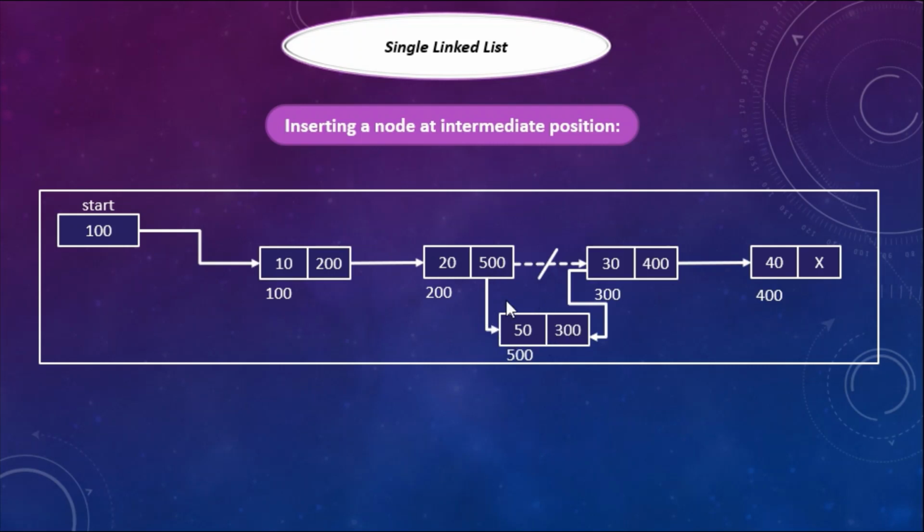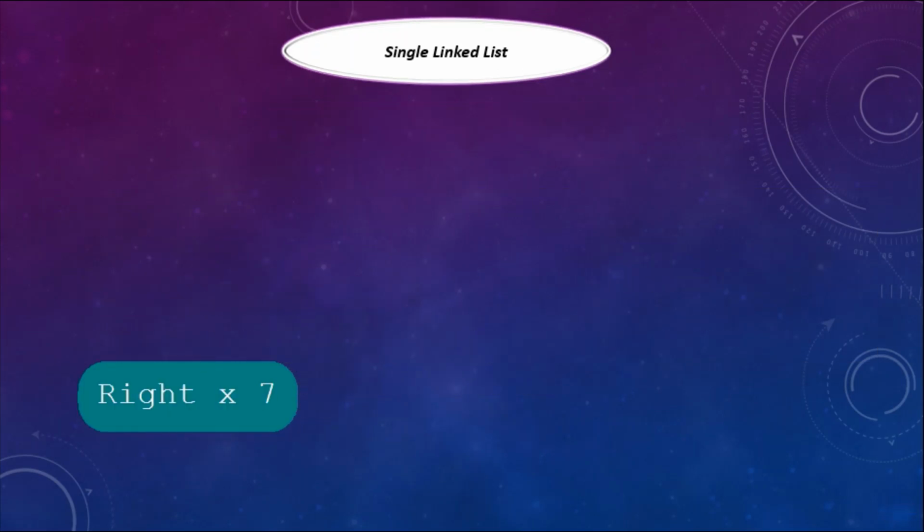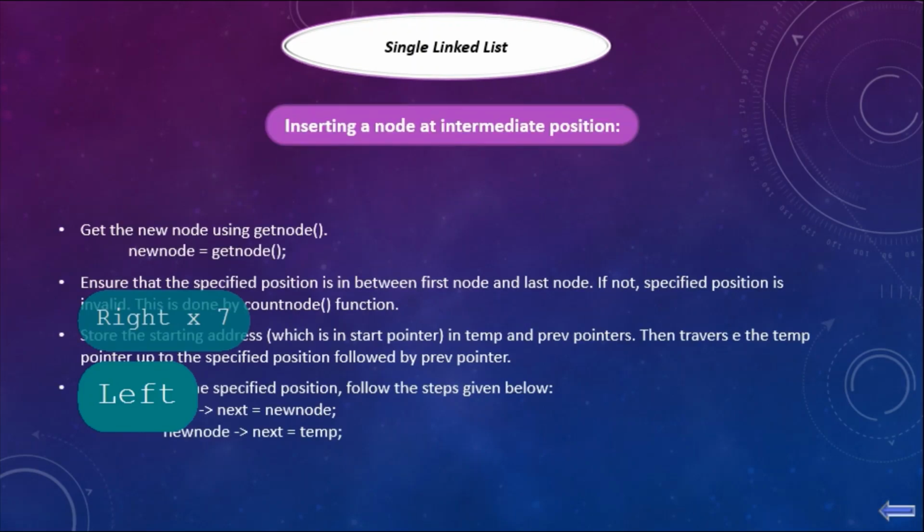So our new node's address will be stored in the node pointed to by pre, and after that we are going to initialize the new node's next field with temp, and temp is pointing toward this node, whose address will be stored in the next field of the new node. In such a way we are done with inserting a node at an intermediate position.